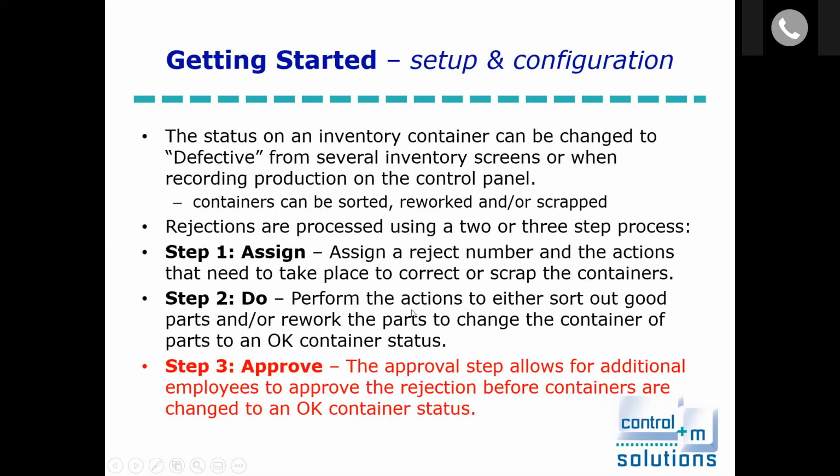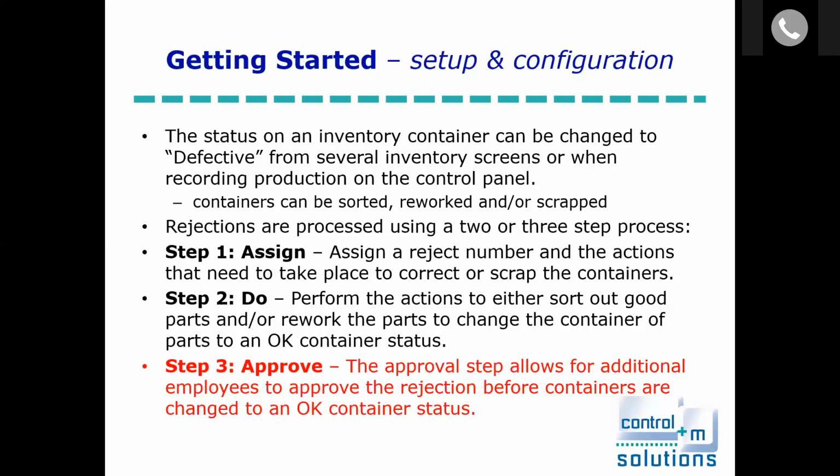And rejections are processed using either a 2- or 3-step process. It can also be a 4-step process if we bring the MRB process into this. But since this presentation is really talking about the most simple ways to use the rejection control system, I'm not going to include those multi-step processes.